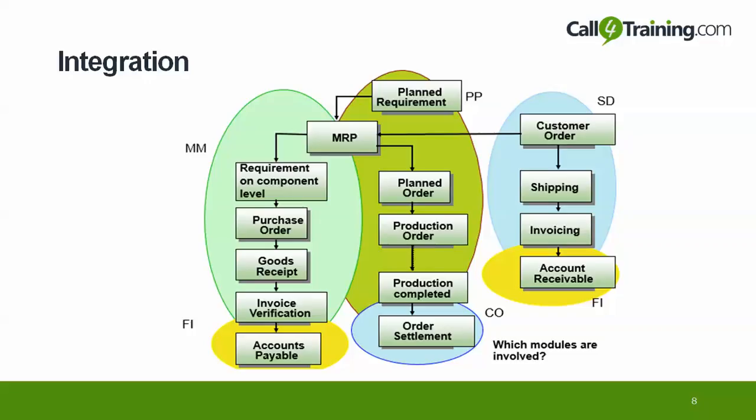We could say that HR is one of the modules which is slightly segregated from them, because when we talk of MM, FI, PP, SD, all of these are things that the company is looking forward to. They are manufacturing it.